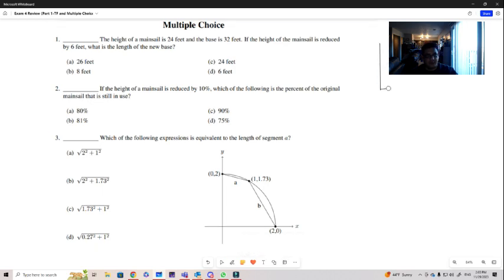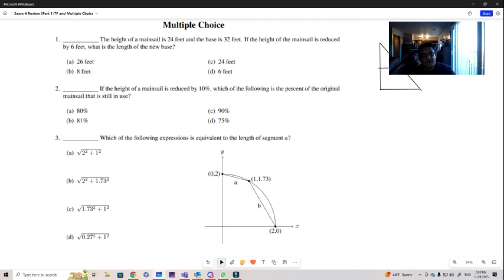Okay, so if you remember, this mainsail is talking about the practice where we did the reefing. We have a sail for a boat that looks something like the pictures that we have, and at a certain point, because we want to increase or decrease the speed, we reduce the sail from this to this.